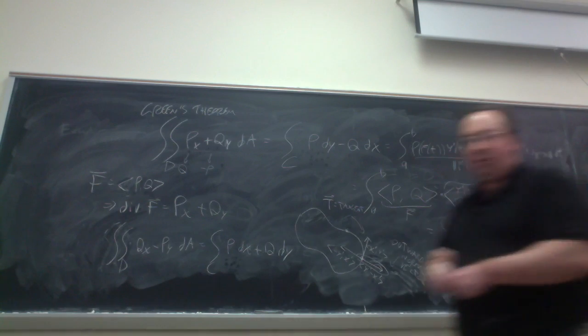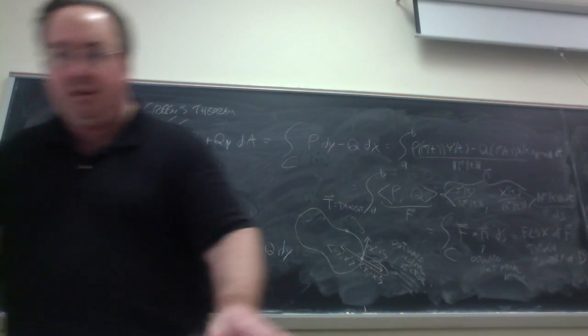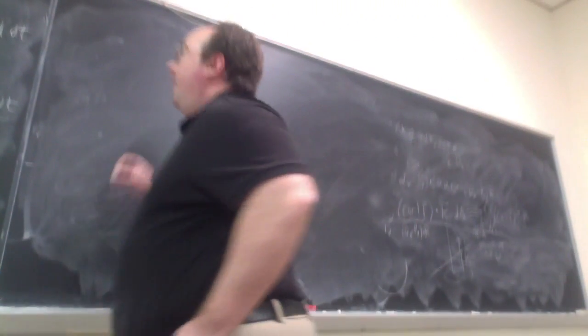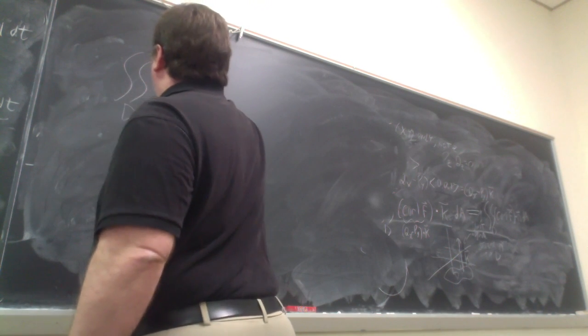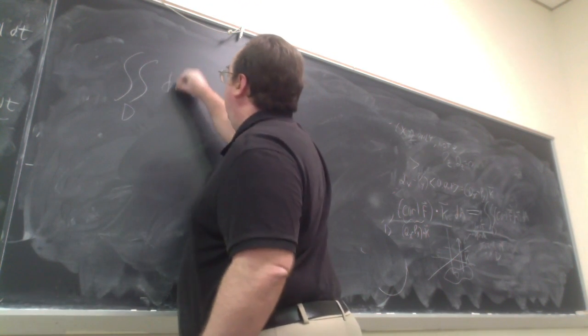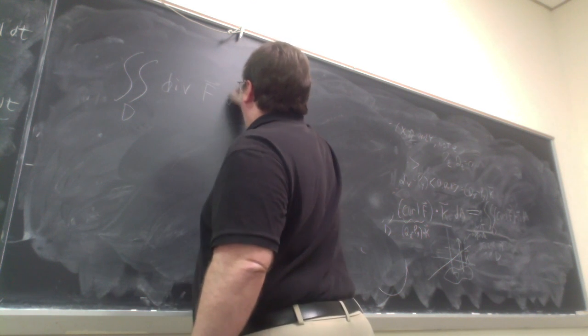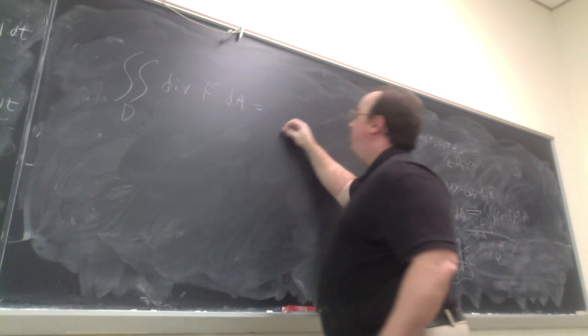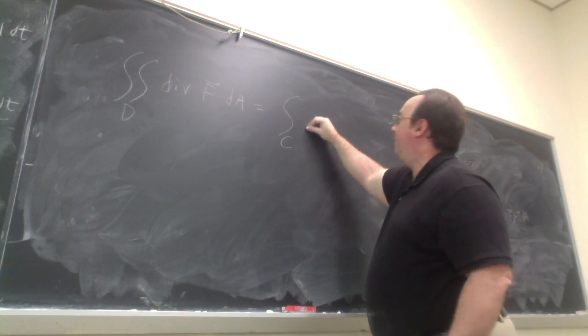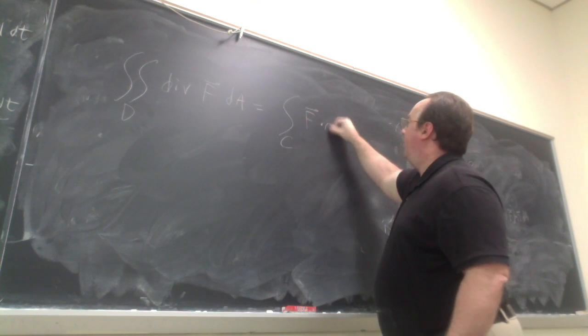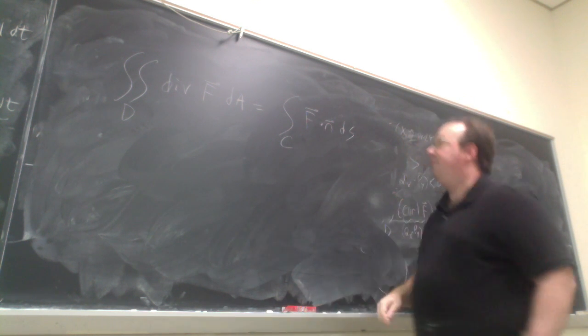So, to summarize, the other version of Green's theorem is that the integral over the interior of the divergence of a vector field is equal to the integral over the boundary, bless you, of the normal component of that vector field.